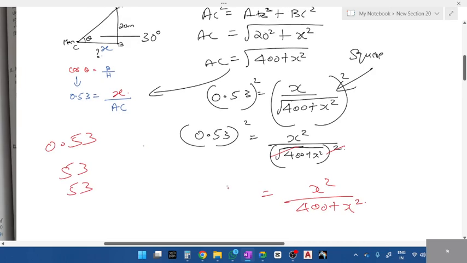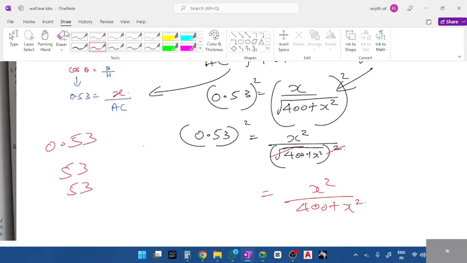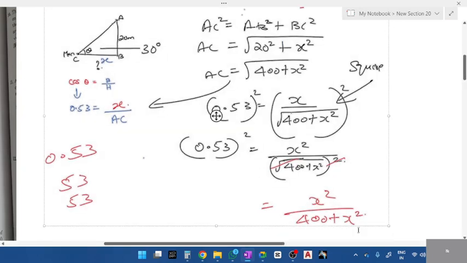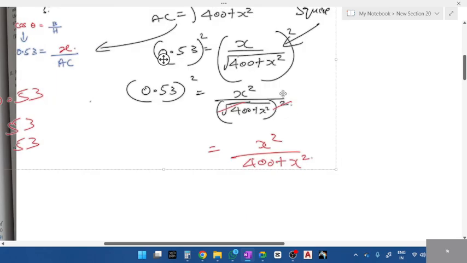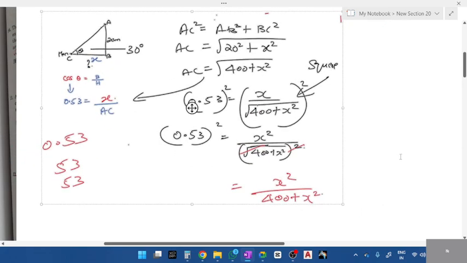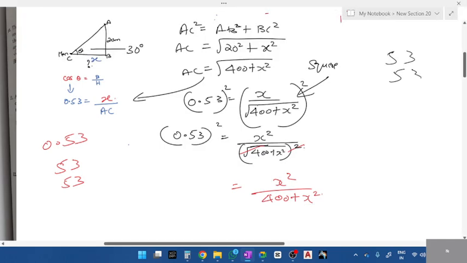Be quick, it's a lengthy calculation. We have square here and decimals. A lot of calculation has to be done. What is 0.53 the whole square? Multiply 53 and 53, students.